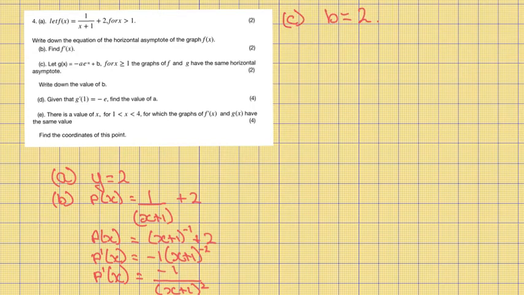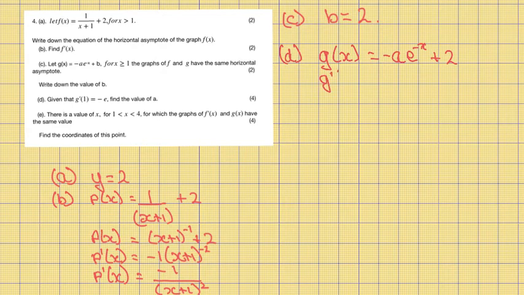Part D. Given that g dash of 1 is equal to minus e, find the value of a. Well, the first thing we have to do is differentiate g. So we know that g of x is equal to minus a e to the minus x, plus 2.